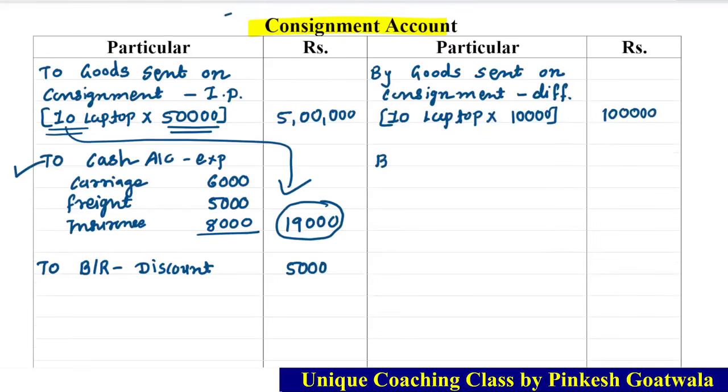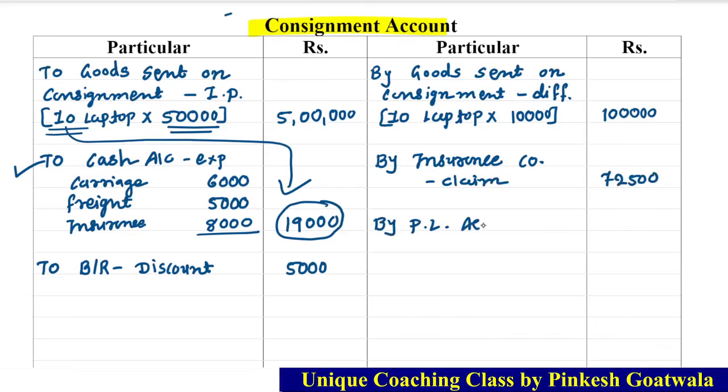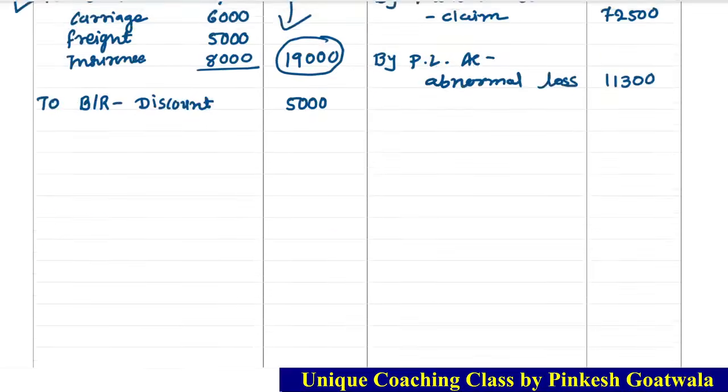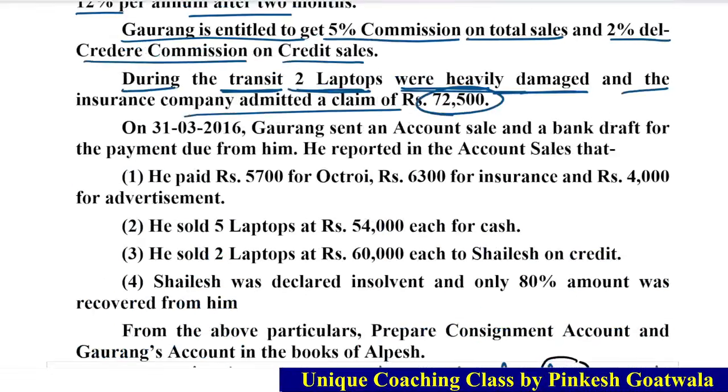Credit side by insurance company claim 72,500 and by P&L account abnormal loss, that was 11,300.